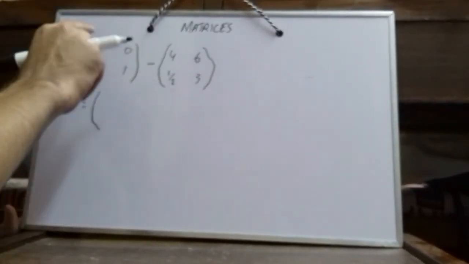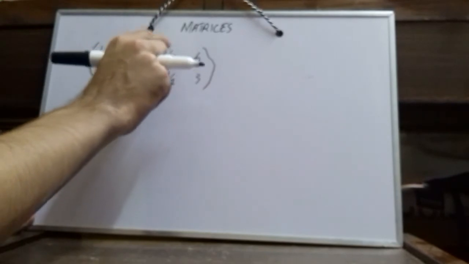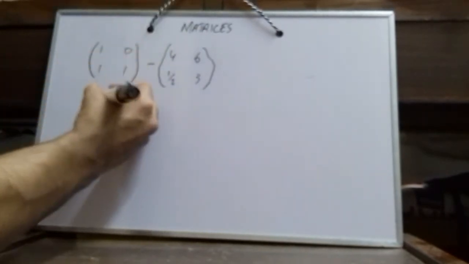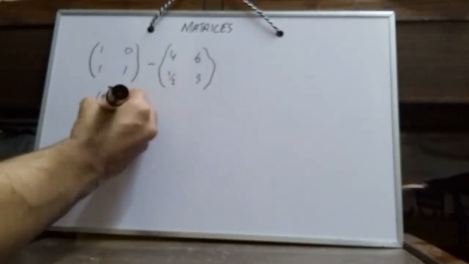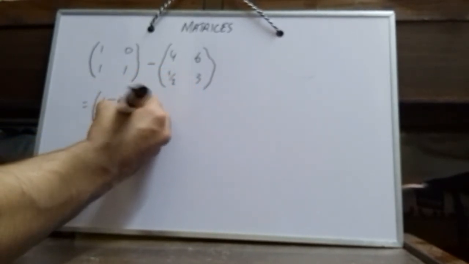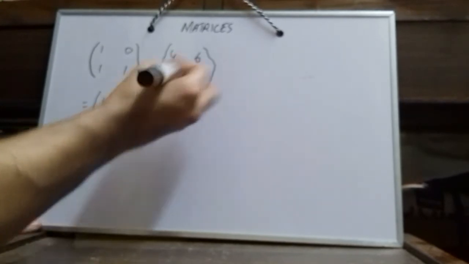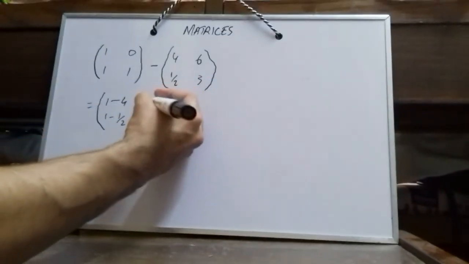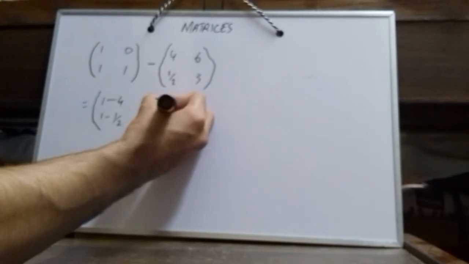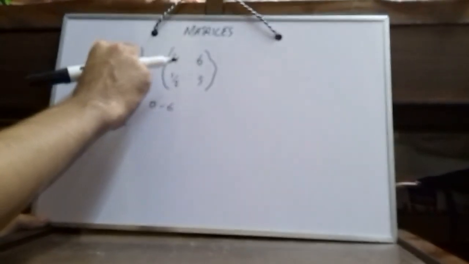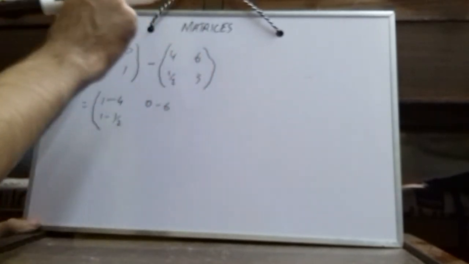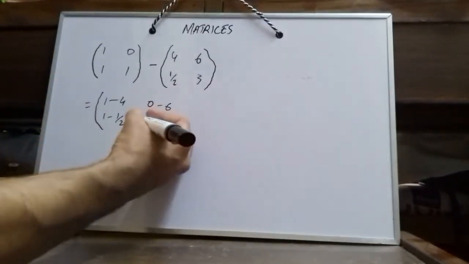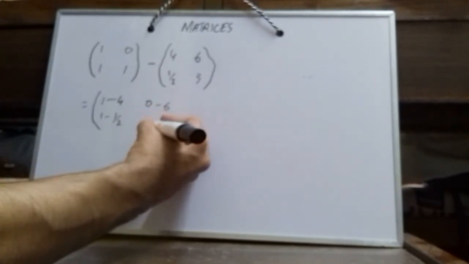We have to work entry-wise. The first row first column will be subtracted with the first row first column in the second matrix. 1 minus 4, 1 minus 1 by 2, mind you, 0 minus 6. First row second column, both would be subtracted entry-wise. Likewise 1 minus 3.